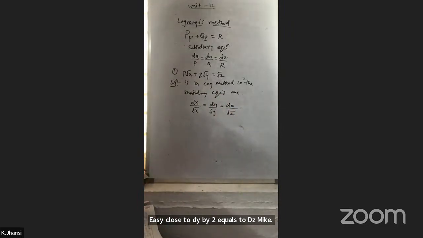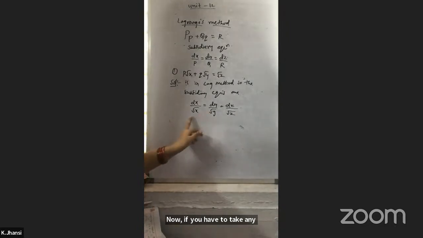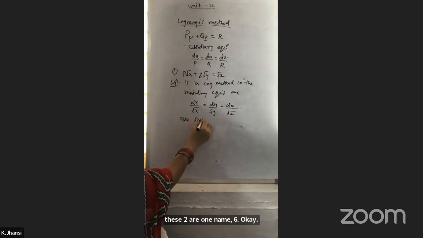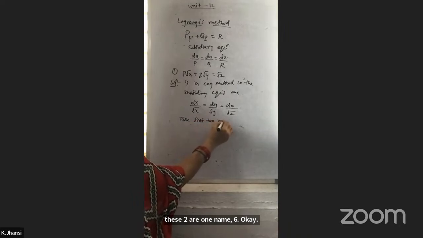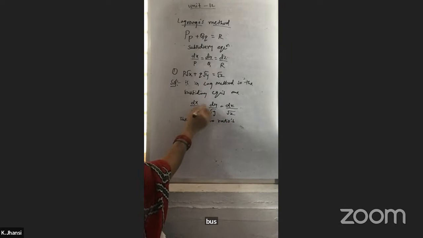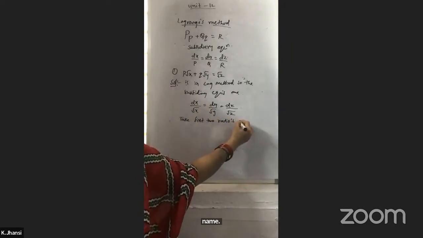Okay, now you have to take any two ratios, either these two or 1 and 3. Okay, so take the first two ratios and integrate directly.